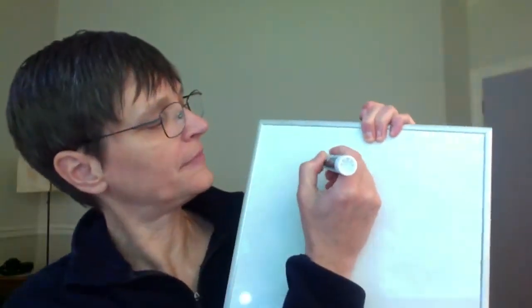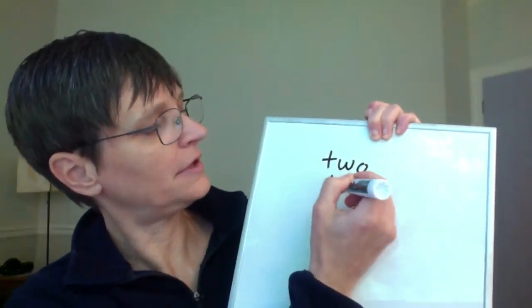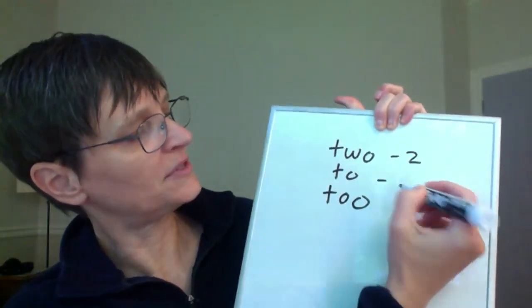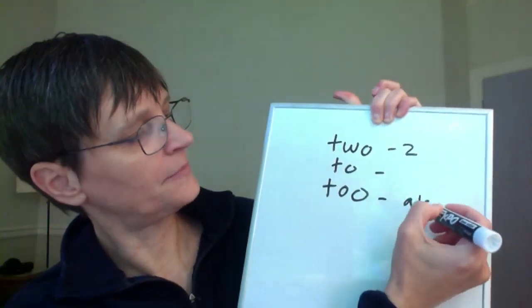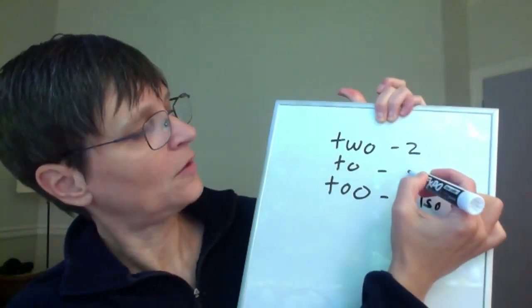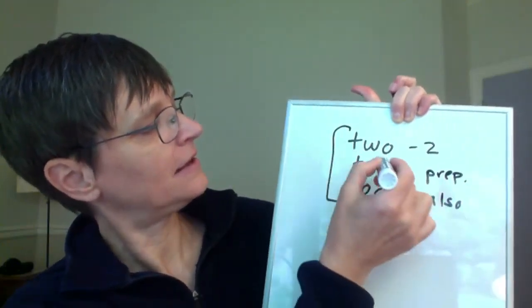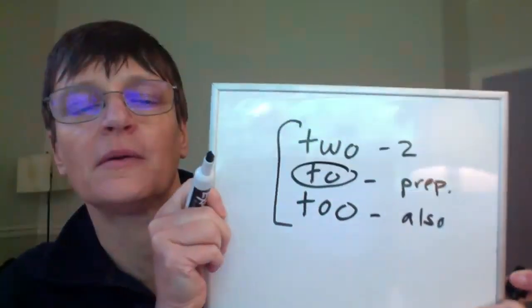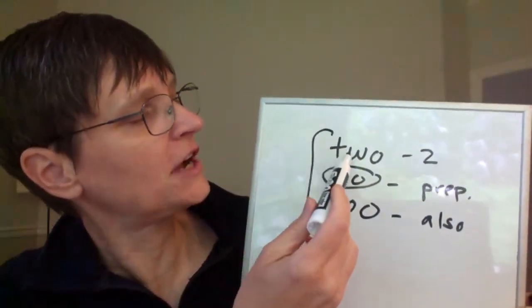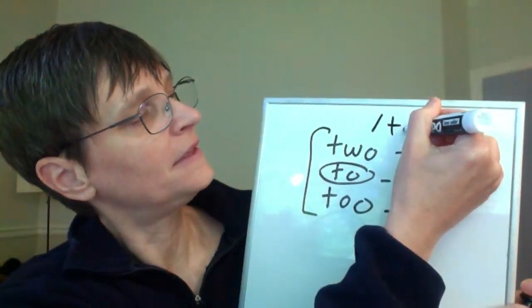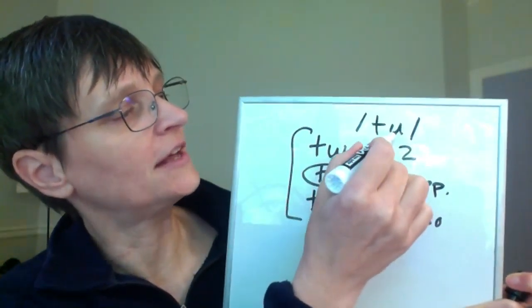Everybody is correct. So we have, Kurt has told us about two, too, and to. Another example of homophones. So this is the number, this is the preposition, and this means also. One difference here is that of these three, only one of them will sometimes be reduced. So if I talk about two days from now, I'm going to use the proper pronunciation of two, and there's our oo again.